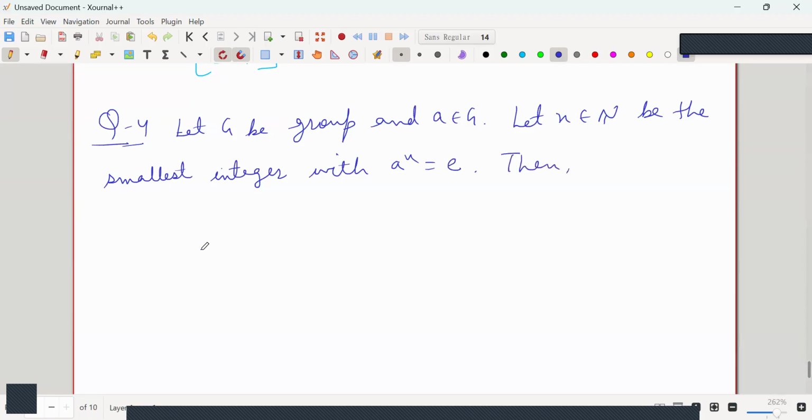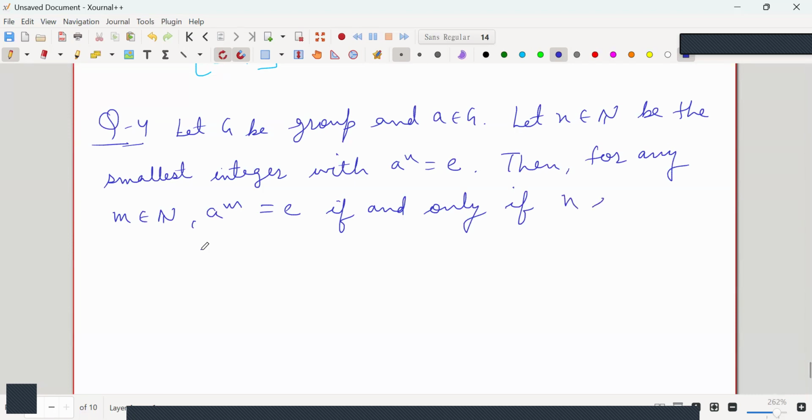Then for any m belongs to the integers, a^m equal to identity if and only if n divides m.